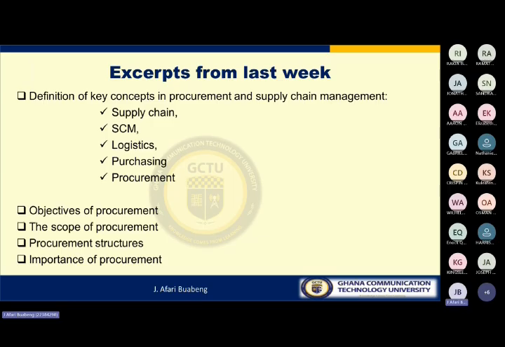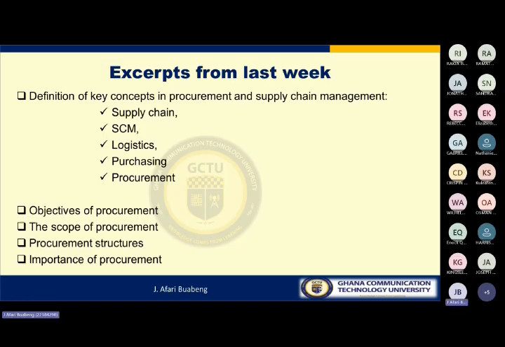It could be monthly, it could be quarterly or annually. So when you see this also happening in the organization, then the structure the organization has adopted is termed as what? A decentralized procurement structure.